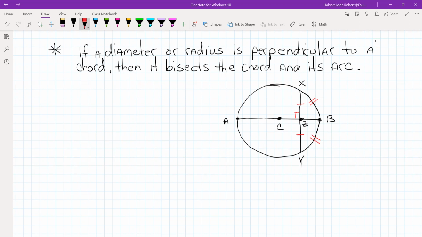All right. Now, the converse of that is also true. The perpendicular bisector of a chord is always a diameter or a radius, okay? So make sure you get that in your notes.